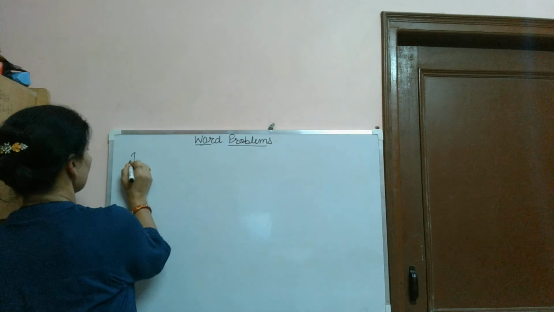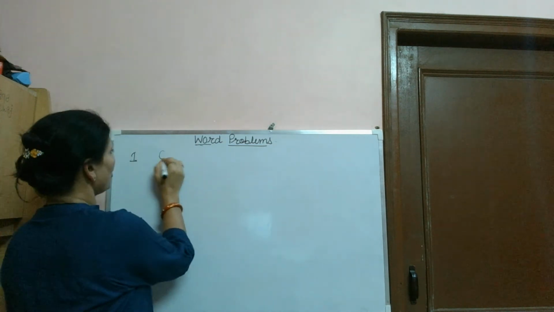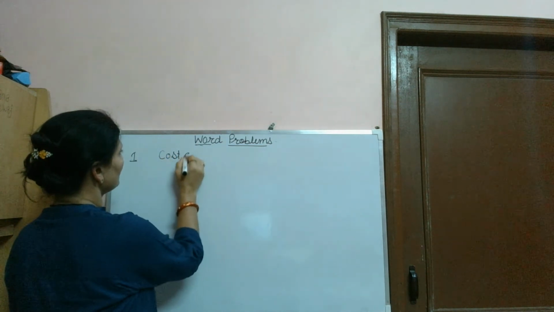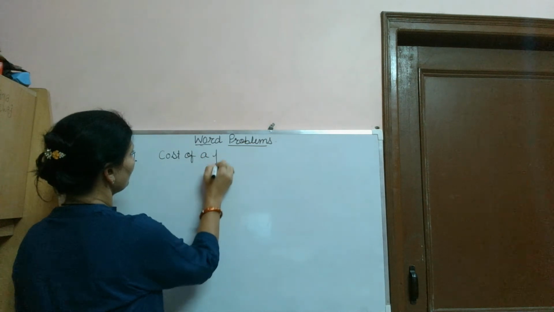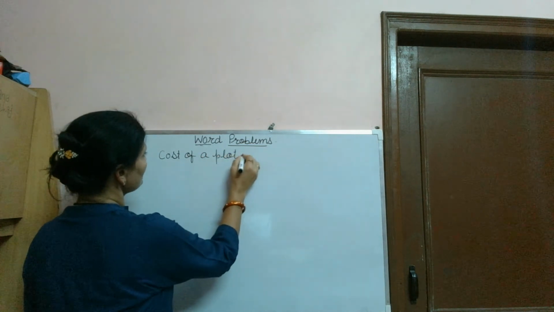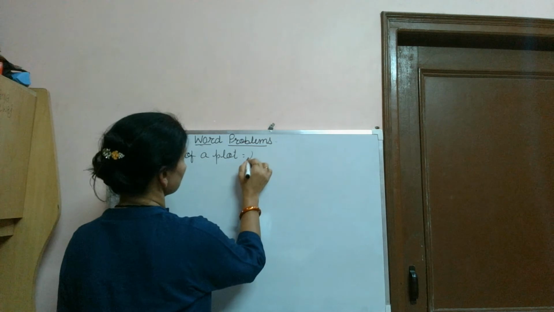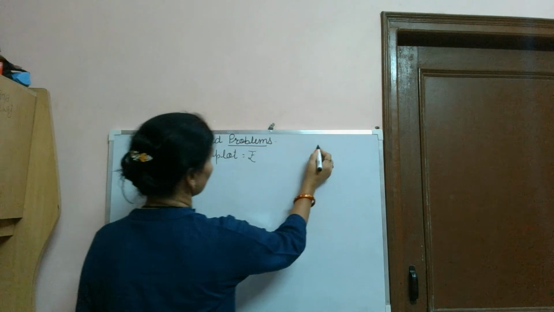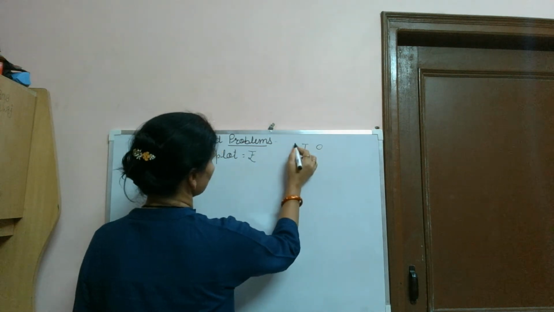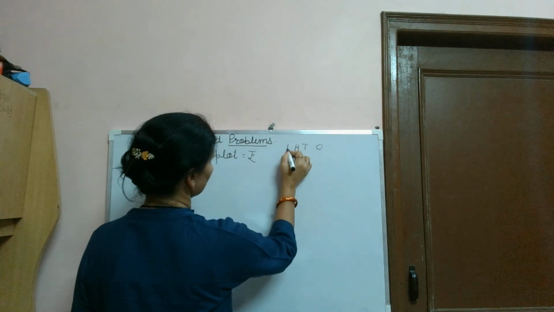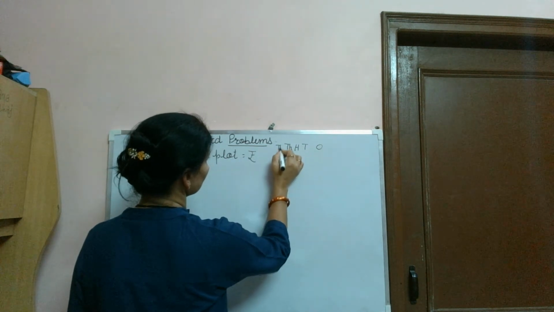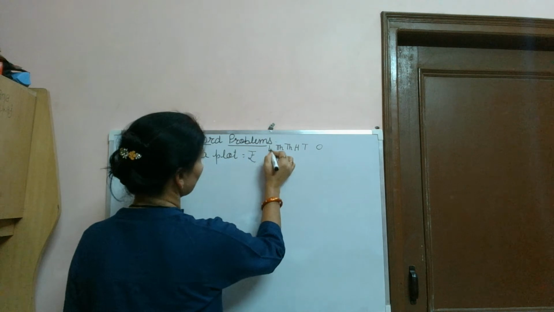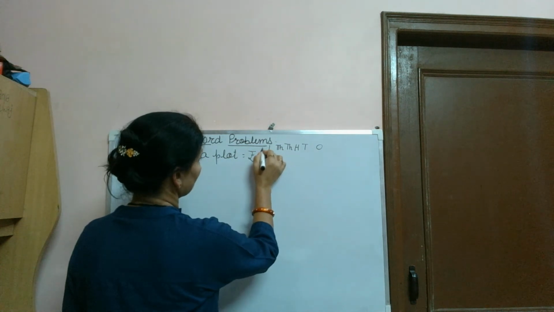Question 1: cost of plot. The cost of a plot is rupees. First we will write the places: ones, tens, hundred, thousand, 10,000, lakh and 10 lakh.